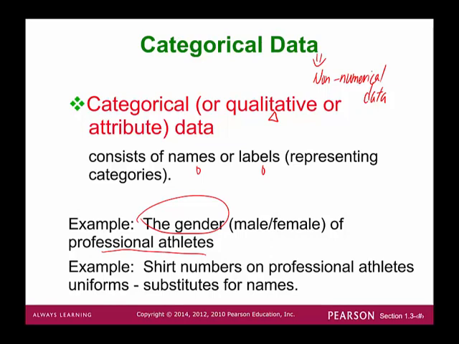Also the shirt numbers on professional athletes, used in place of their name, are also categorical data. Say number 17 or number 20 actually represents each athlete who wears those numbers. Another example could be your favorite color. Definitely it's categorical data.